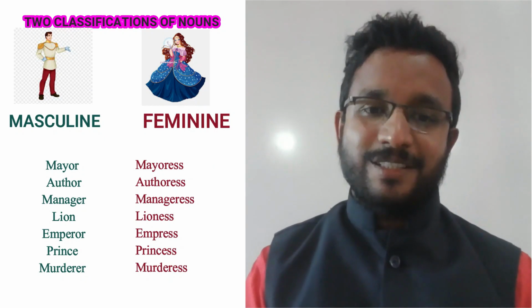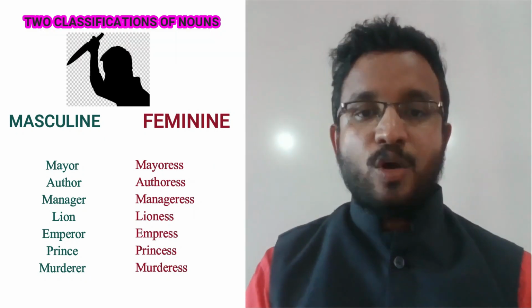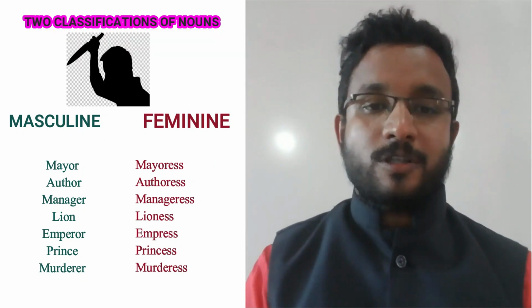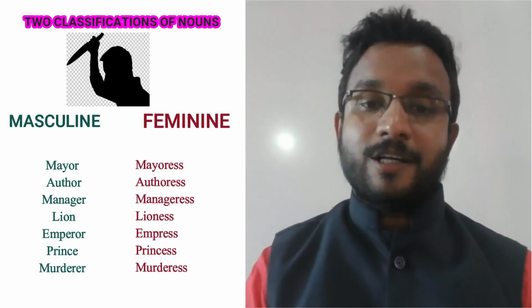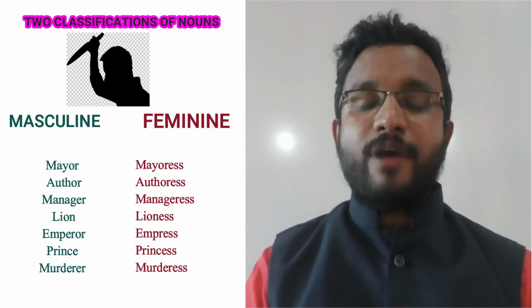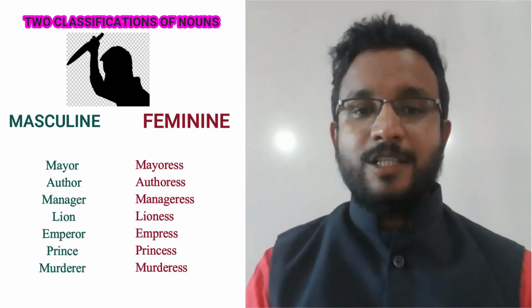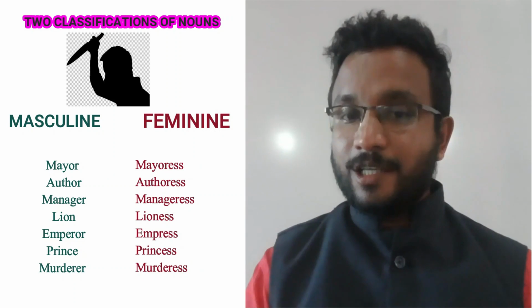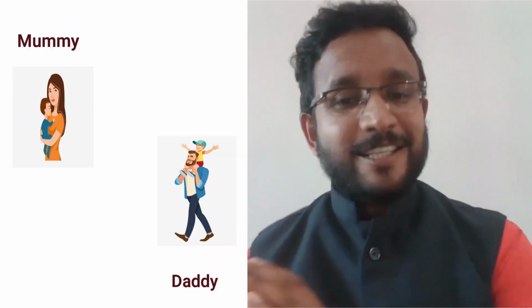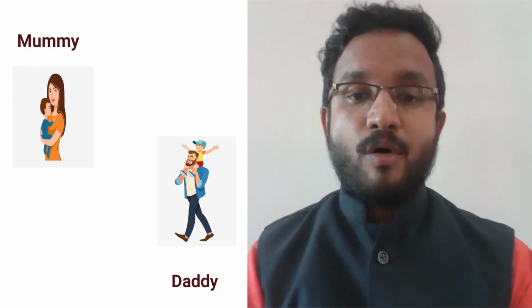Prince, princess. One who kills someone is called murderer. And the feminine gender of that is murderess. Murderer, murderess.